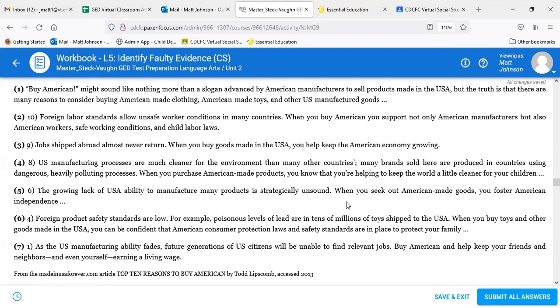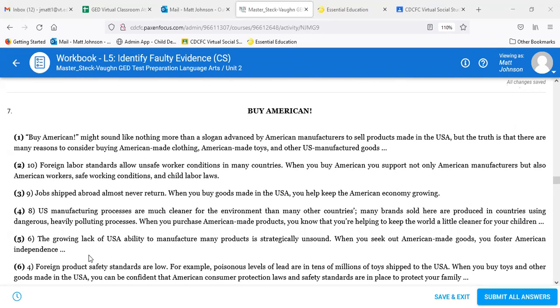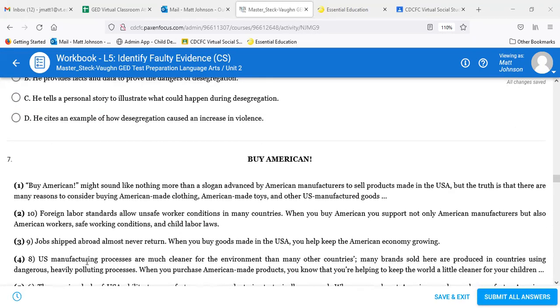And the article is Top 10 Reasons to Buy American by Todd Lipscomb in 2013. So he says, Buy American might sound like nothing more than a slogan advanced by American manufacturers to sell products made in the USA. But the truth is that there are many reasons to consider buying American-made clothing, American-made toys, and other US manufactured goods.